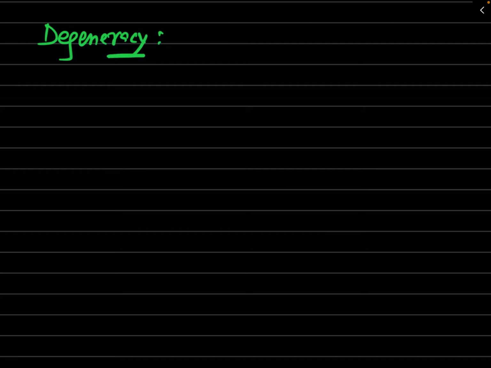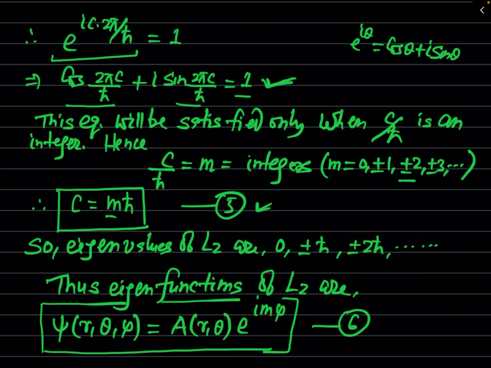Now you can see, if you choose different functions a of r theta, but this factor e raised to the power im phi is kept at a particular value, then we will have different values of these eigenfunctions psi r theta phi corresponding to the different values of this a.